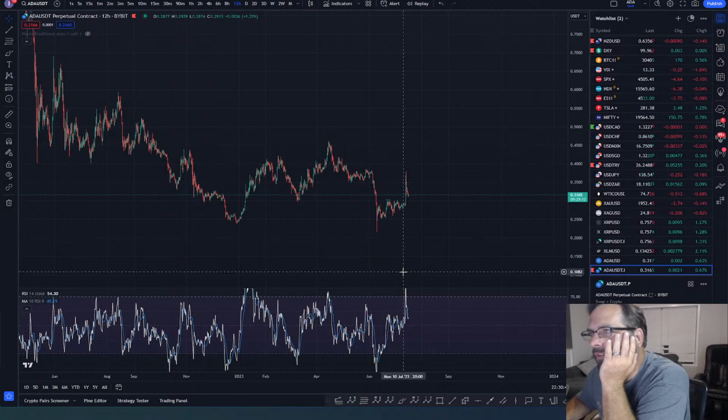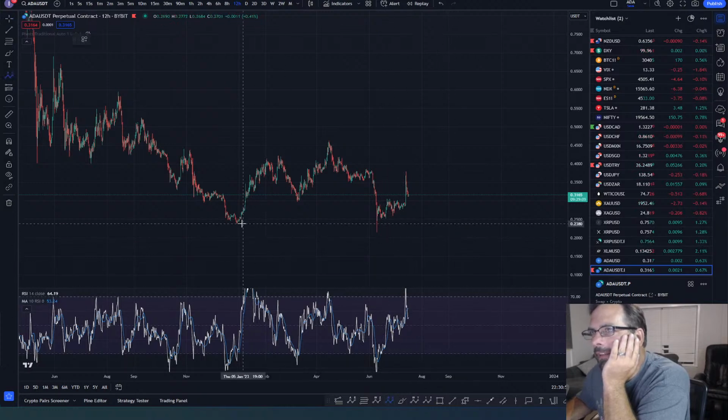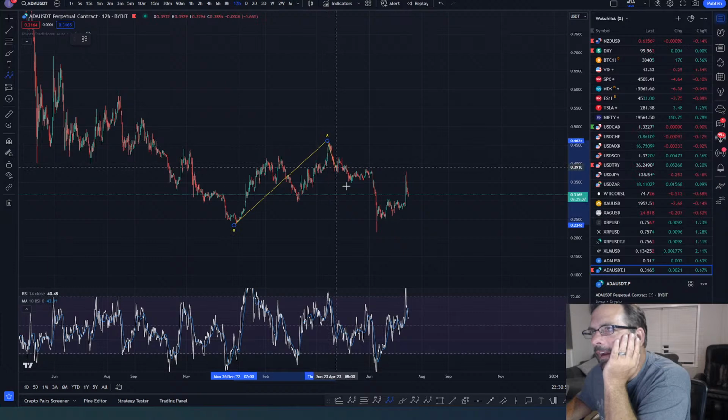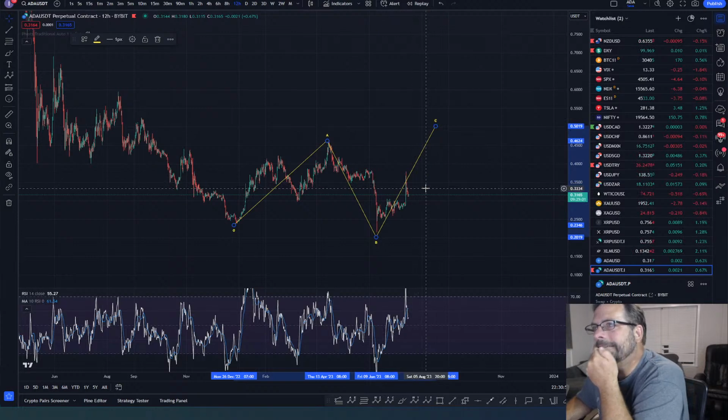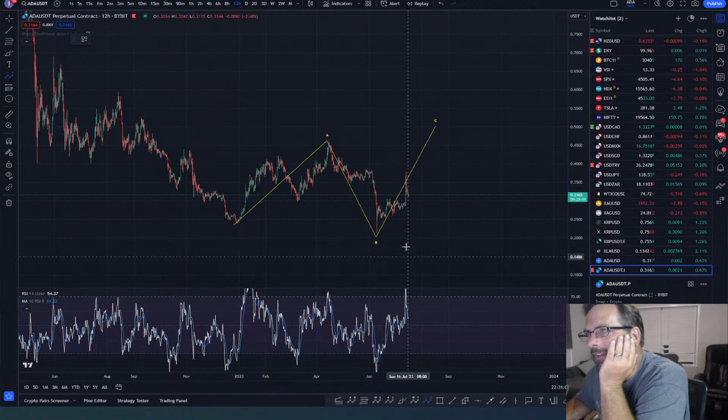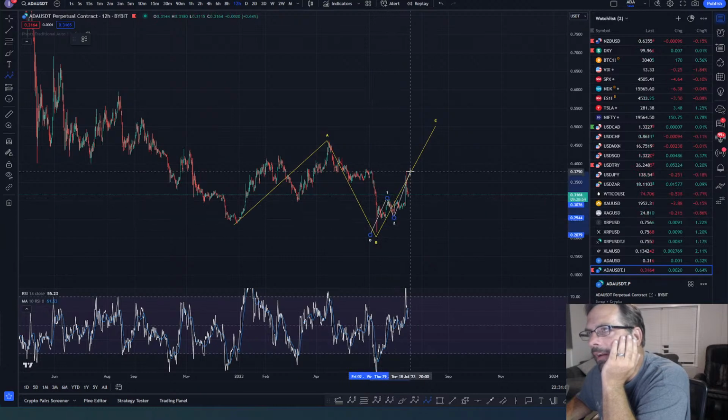In which case, you kind of got this A wave to there. You got a B wave to there. Now we're in the C wave. Okay? Something like that. And so that's kind of pointing to 3, 3, 3.